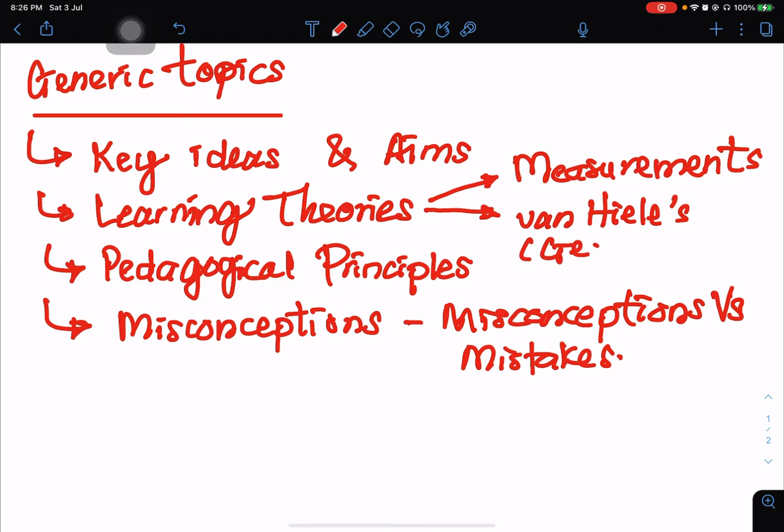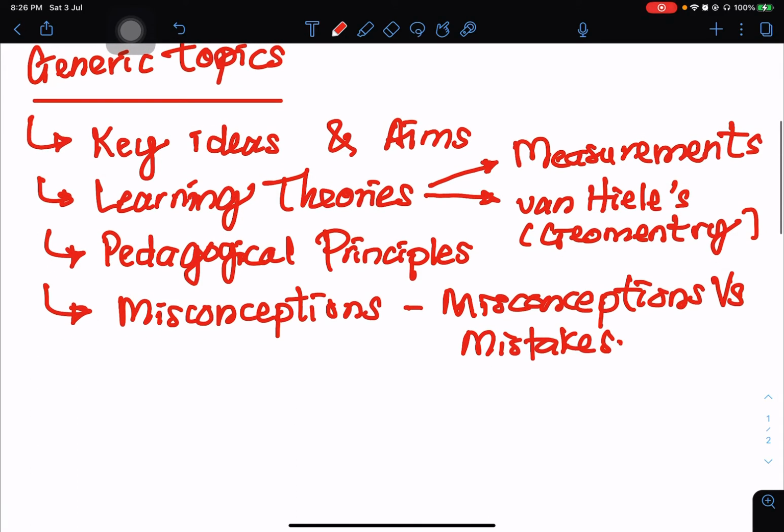This one is for geometry. Geometry can use all that measurement can use for learning theory, but Van Hiele is especially for geometry.